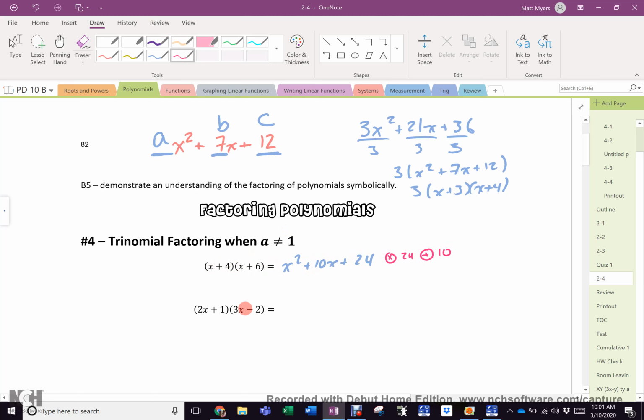So is this in factored form or expanded form right now? That is in factored form because I have one thing times another thing, yes? So if we expanded it, we would of course have 6x squared, yes? Plus x minus 2. Everyone agree?